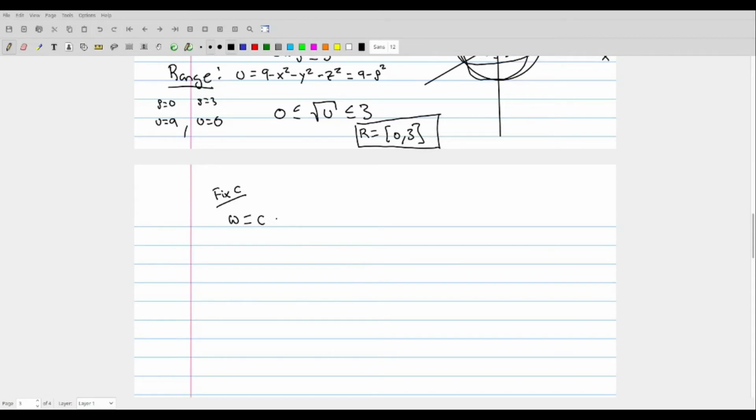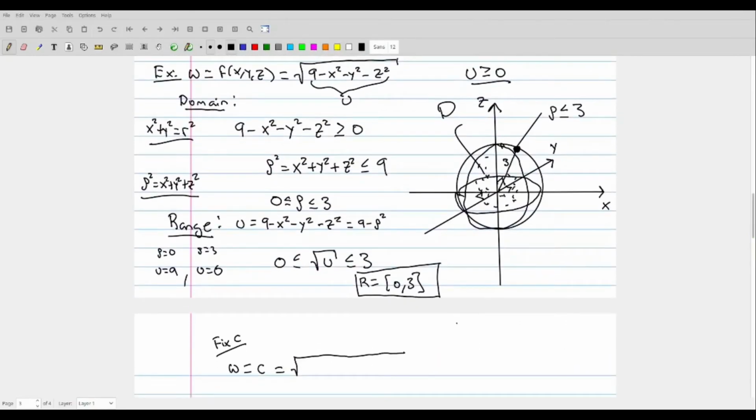Sure enough, w equals c, which means this is equal to the value of the function at some point x, y, z. So c is equal to the square root of 9 minus x squared minus y squared minus z squared.